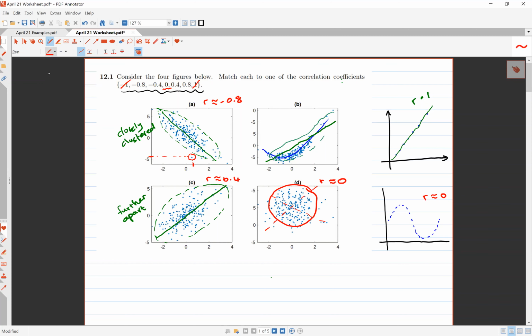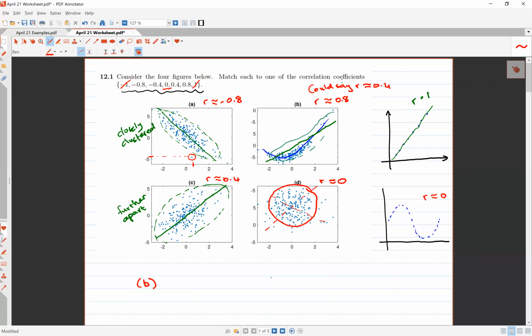So if I were asking this question on an exam, I'm not going to quibble about whether you pick 0.4 or 0.8 because of the nonlinearity. You could make an argument that it would be closer to 0.4. But there's definitely going to be some correlation that shows up here.